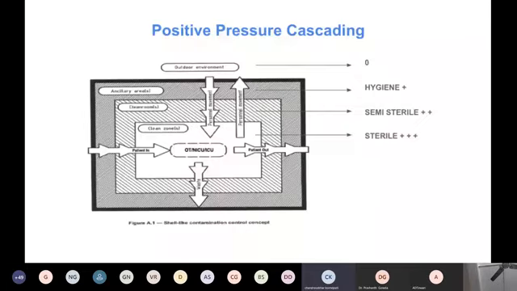Apart from the hygiene class, the next cascade in the hospital is going to be the semi-sterile zone with a definite, proper positive pressure. We talk about 15 to 20 pascals. And once this pressure cascading is done, we need to go into the sterile zone. The sterile zone is again like from 20 to 30 pascals.